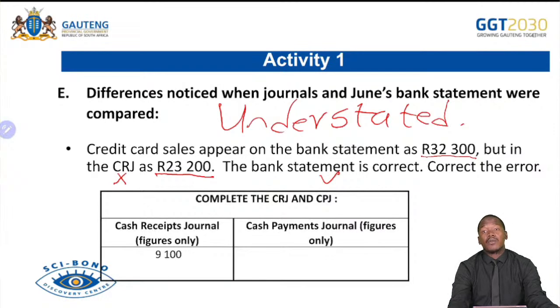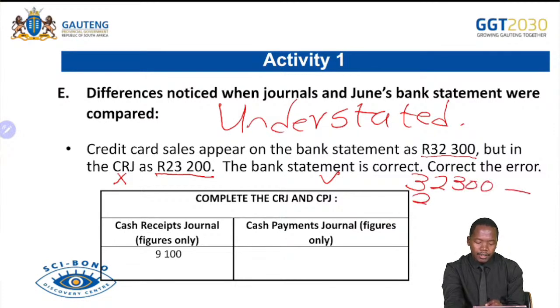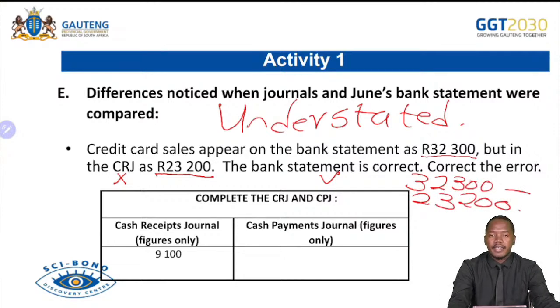One is understated, one is correct. You need to find the difference so that you can top up the understated amount. How did you get 9,100? It was 32,300 minus 23,200. That is the difference. The difference becomes 9,100.